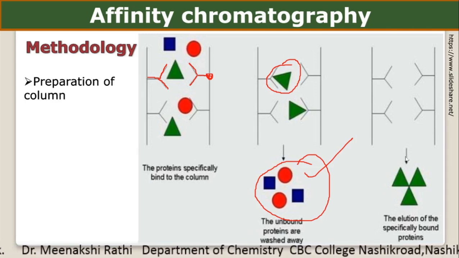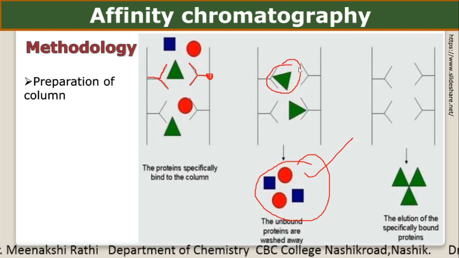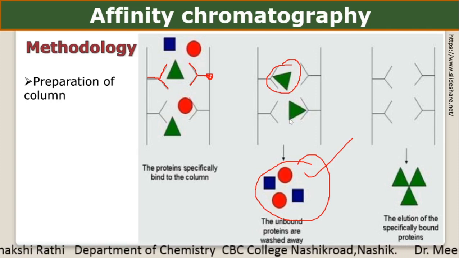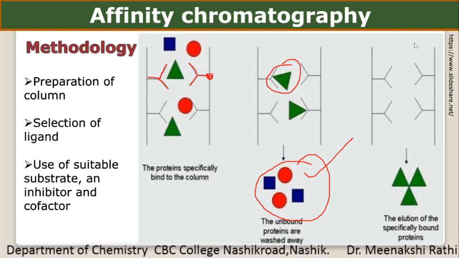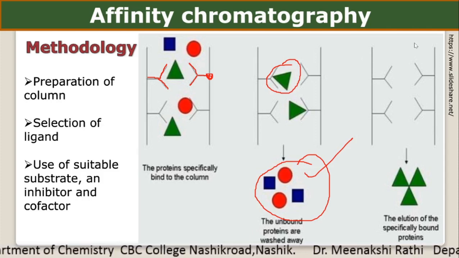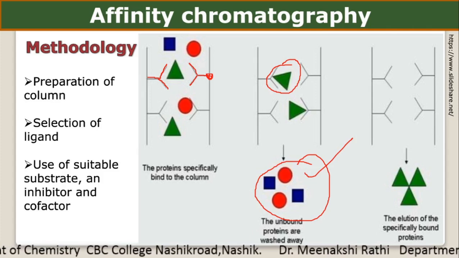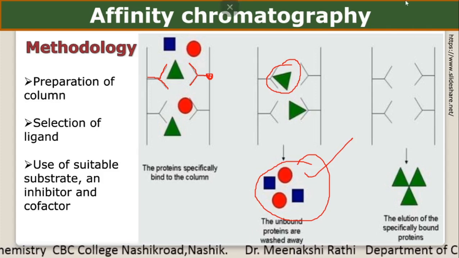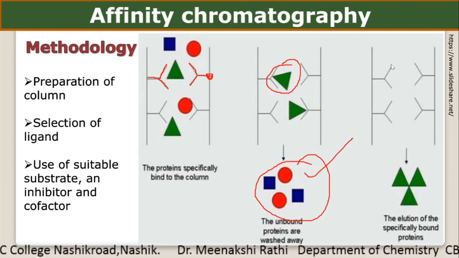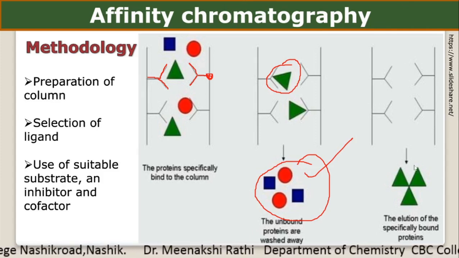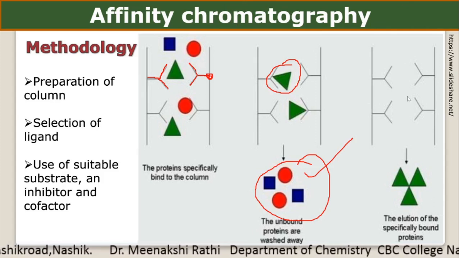So in this step, once these specific proteins are attached to the ligand, they can be removed by some other eluent or by adding some soluble ligands which compete with the ligands, and they remove the specifically bound proteins.